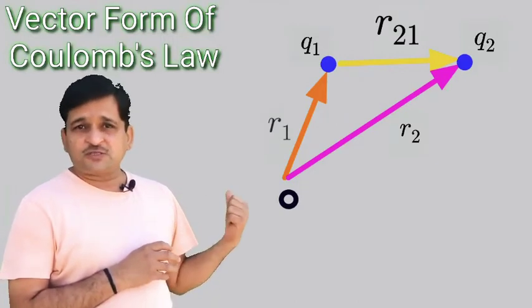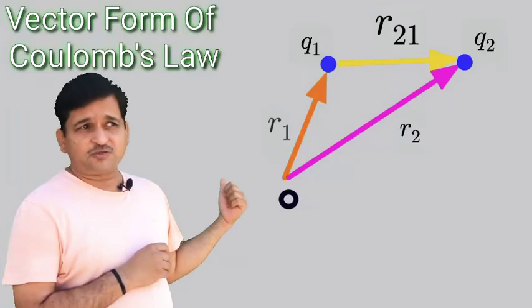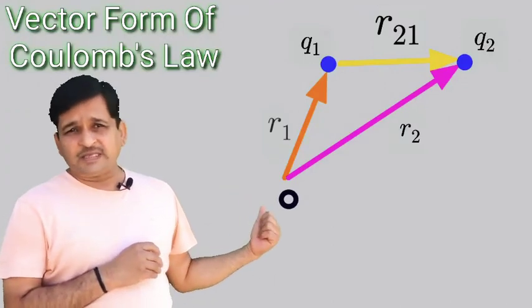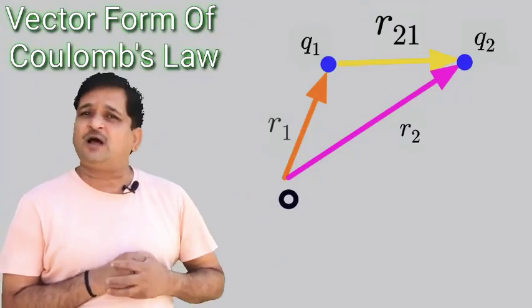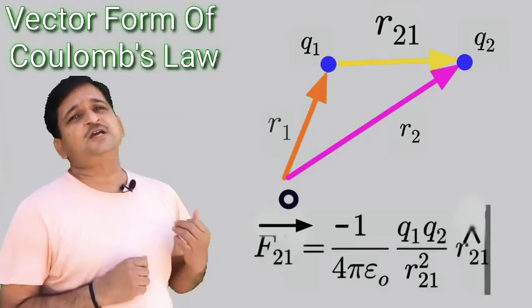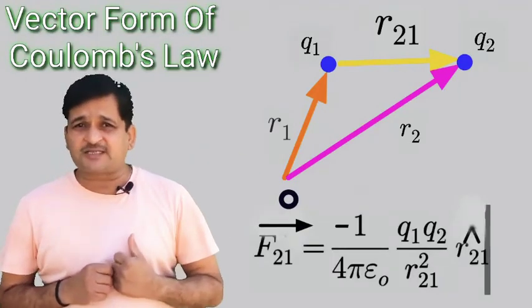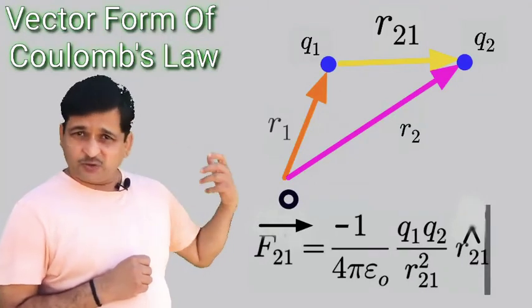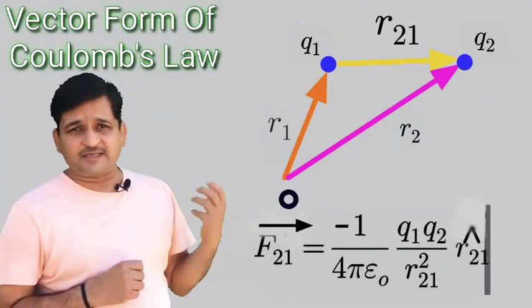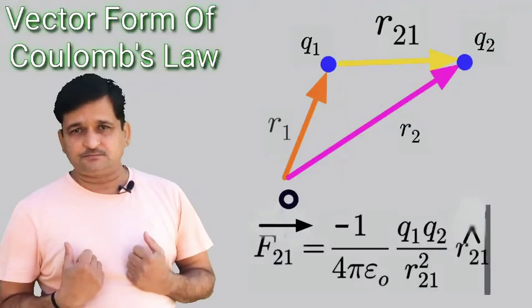So this formula shows that the direction of force F21 is opposite to the direction of vector R21, which means towards charge Q1. So in this case, the force applied by charge Q1 on charge Q2 is attraction towards it.